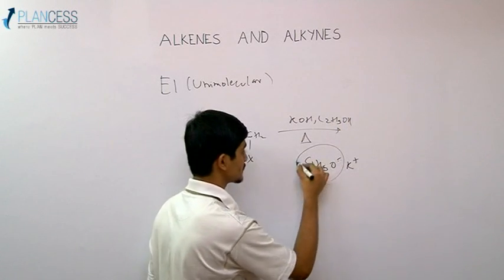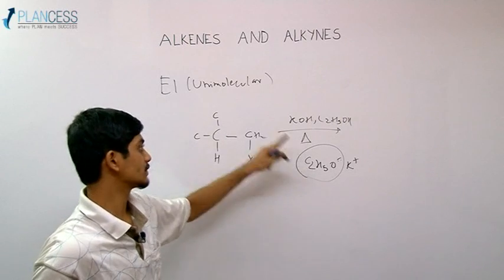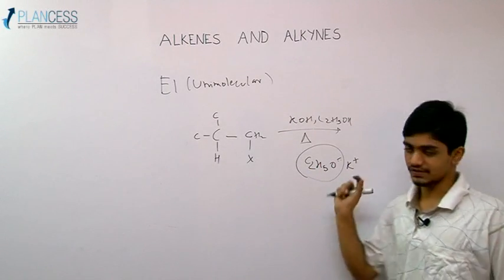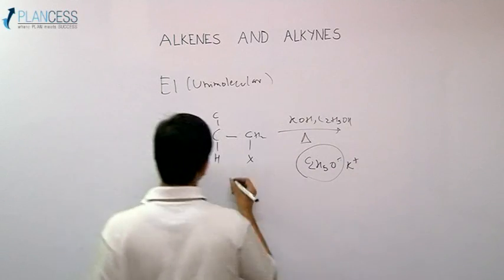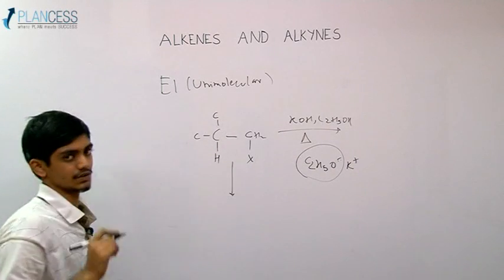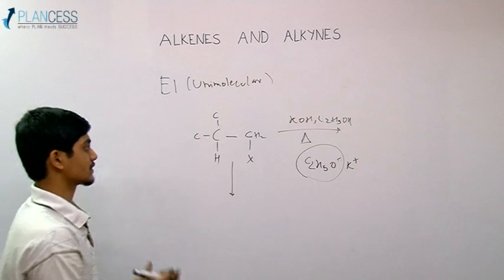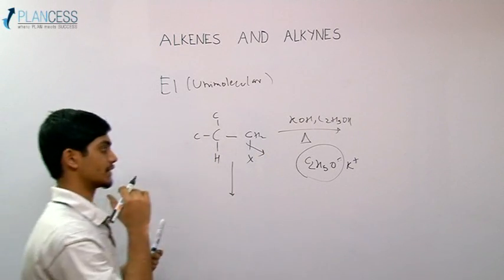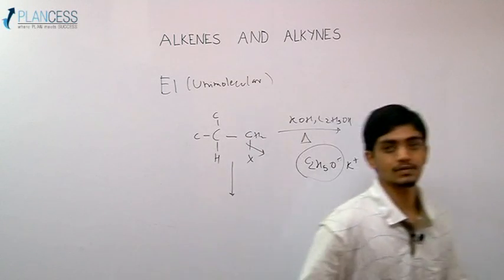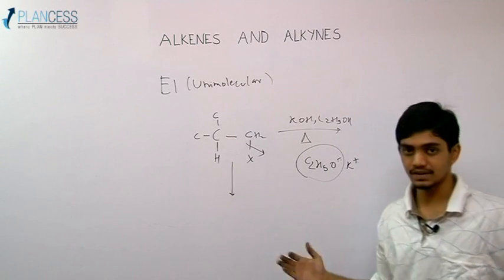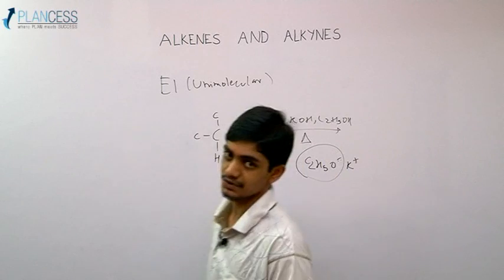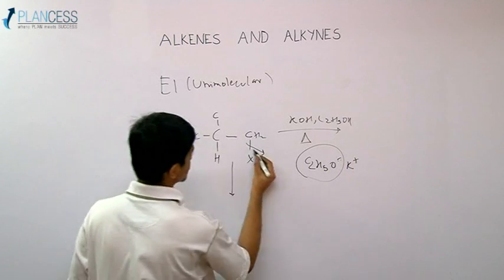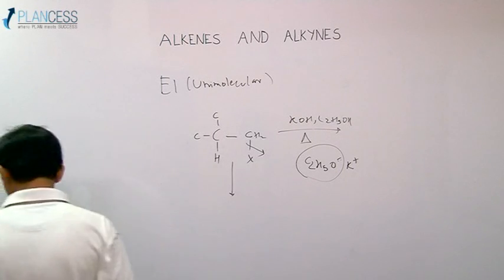Now this is the species which is going to react with this molecule. But before that, there is one small step in this reaction, that is the first step and the rate determining step. What happens is this X leaves the system. As it is a very good leaving group, the leaving group properties will determine how fast the step is, and there are other factors which determine how fast this step would be. If this X leaves, what do we get?